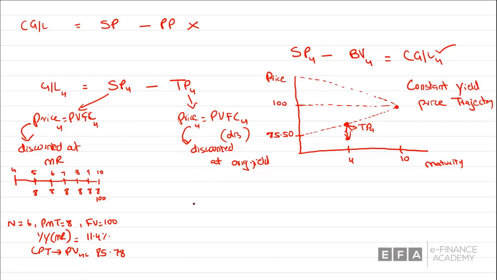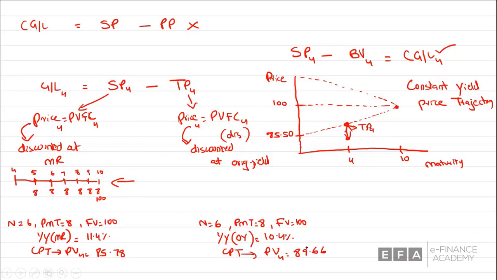How do we calculate the trajectory price? The same set of cash flows, but discounted at the original yield. N is 6. Payment is $8. Future value is $100. The yield will be the original yield, and we know the original yield was 10.4%. When we compute the present value, we get 89.66.